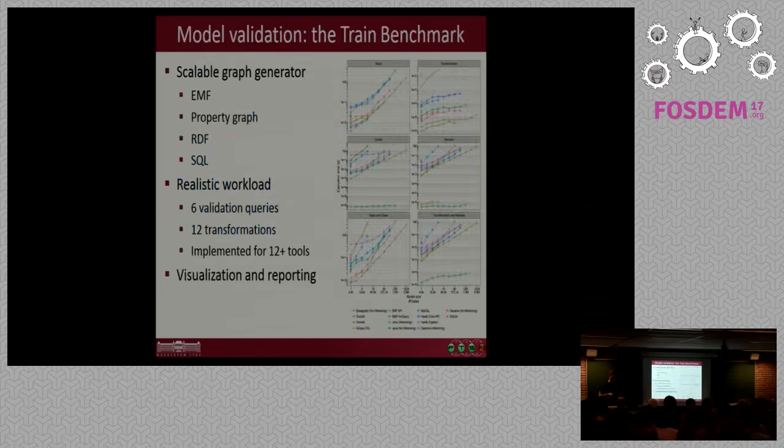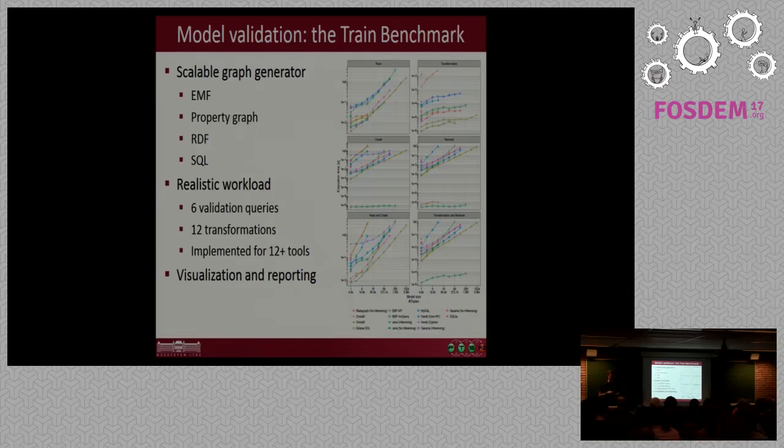The first use case, the Train Benchmark railway validation, is basically a benchmark paper with the implementation available on GitHub. We implemented a set of scalable generators. We can generate graphs in the Eclipse Modeling Framework, property graphs, the semantic web's RDF format, and SQL for relational databases.